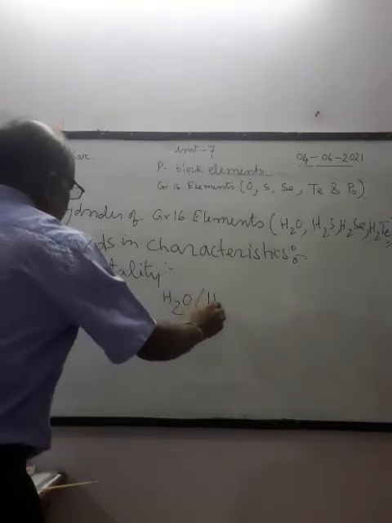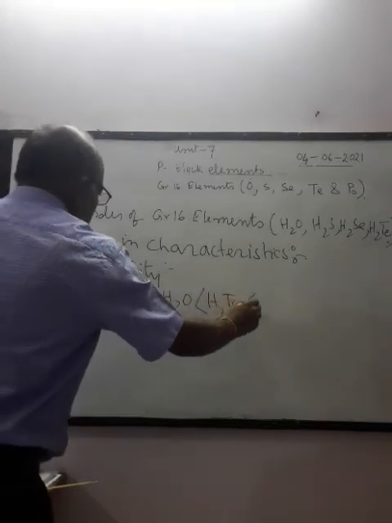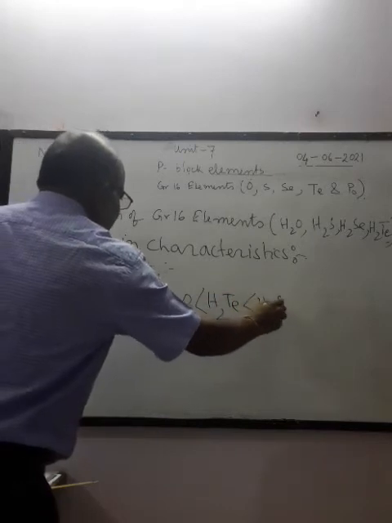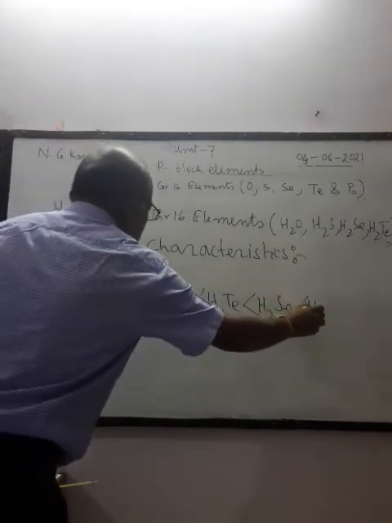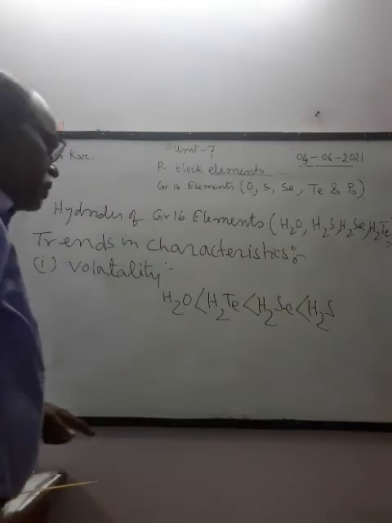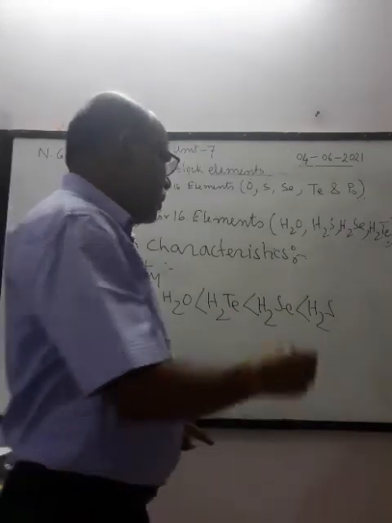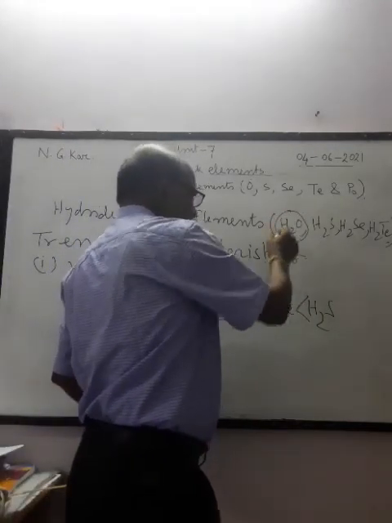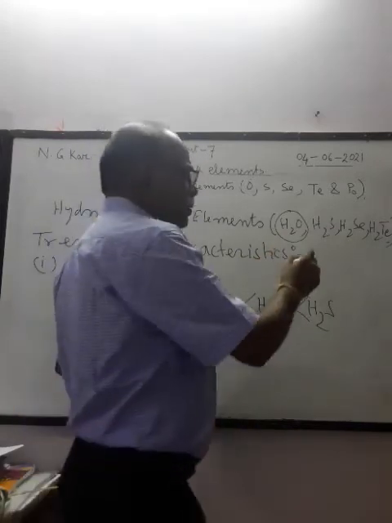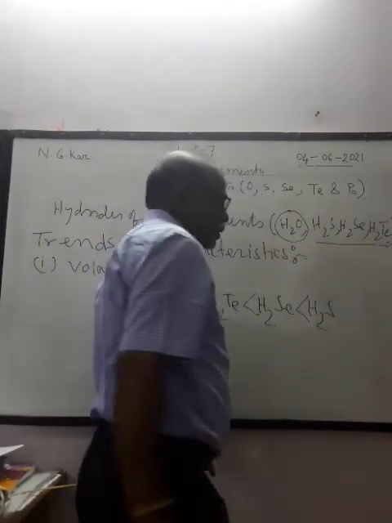Then H2Te, then H2Se, and the most volatile among them is H2S. Water is the least volatile because of hydrogen bonding, while in the other three hydrogen bonding is absent.